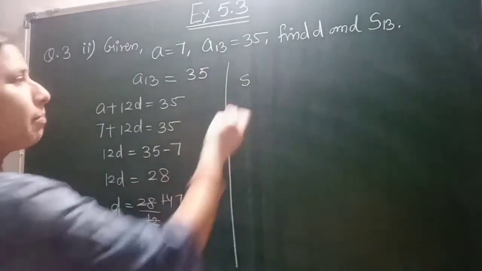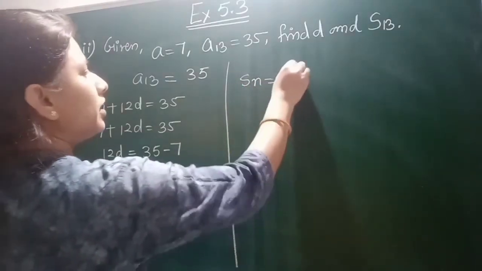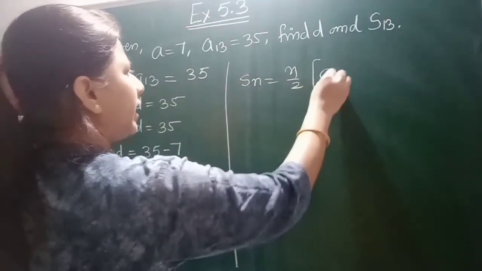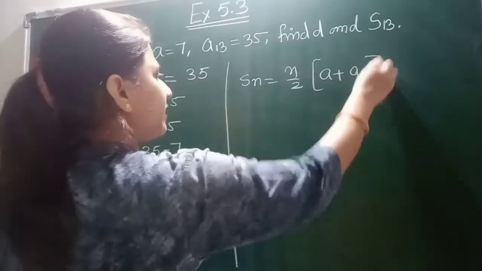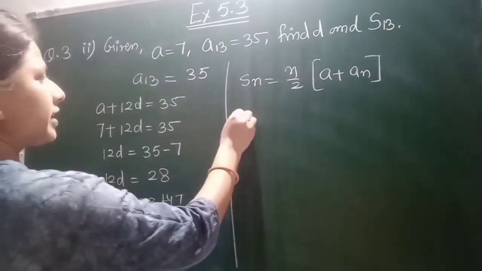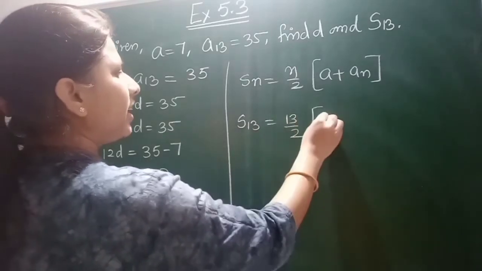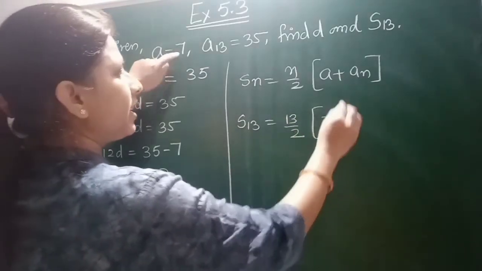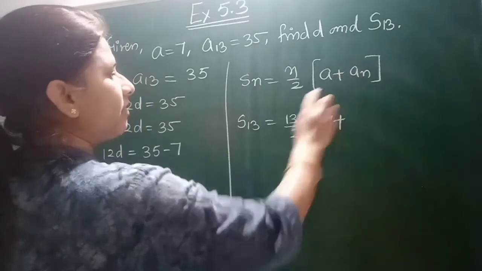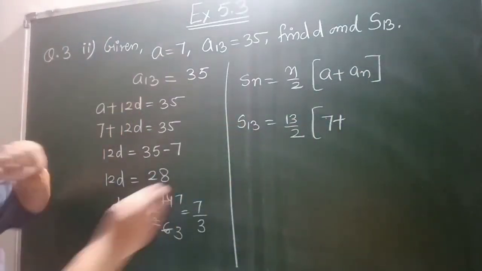For that we will apply Sn equals n upon 2 (a plus an), that formula once again, n equals 13. 13 by 2, a, the value of a is 7, and a13, the value of a13, it is given that 35.